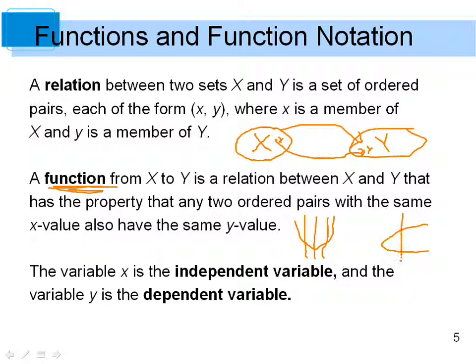If you look, I have two different y values for this same x value, right here and right there. So that's just reminding us what a function is and what a relation is. They're very similar, but the difference is functions always pass this vertical line test. Variable x is the independent variable. We also call that our input many times, and then the output, our variable y, is our dependent variable.